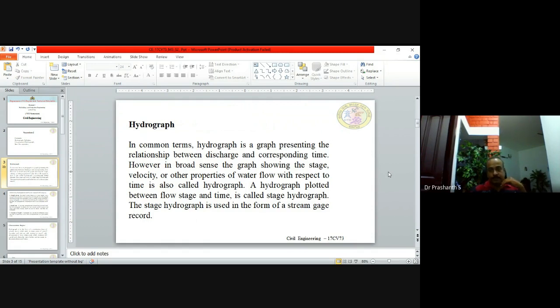It's not only runoff versus time, it also gives more information about the runoff. A hydrograph plotted between the flow stage and the time is also called a stage hydrograph. The stage hydrograph is used in the form of stream gauge record.